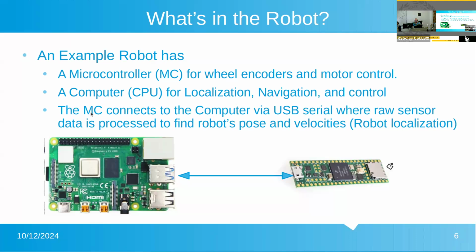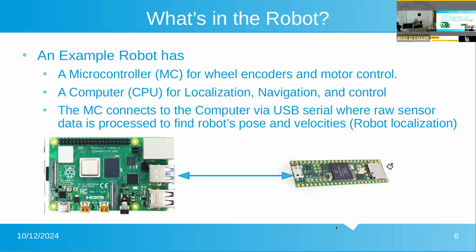So the user says go somewhere, and that has to come to the computer, and then these other things are going on, localization, etc. The key thing to know here is the microcontroller has to connect to the computer via USB serial. That's what this line is representing here. And the raw sensor data is processed in the CPU to find the robot's pose and velocity.